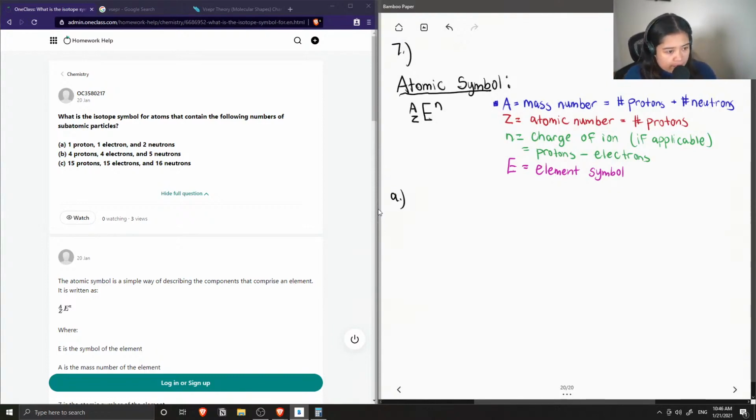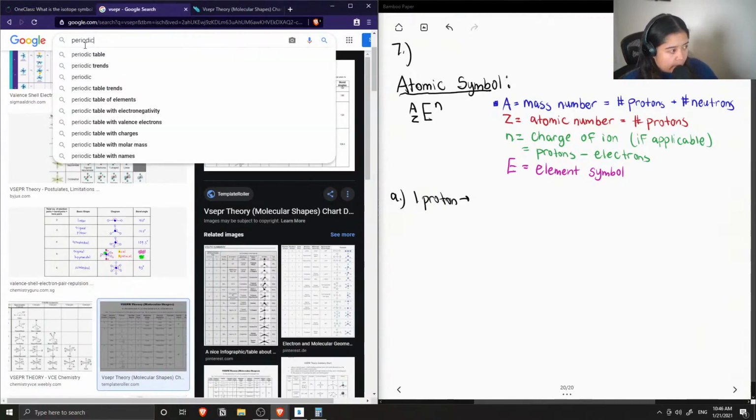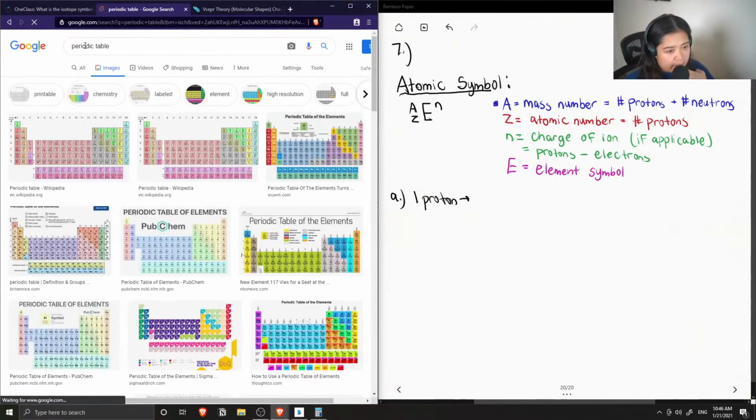So when we have 1 proton, the number of protons tells us which element we have, because every element has a different number of protons.